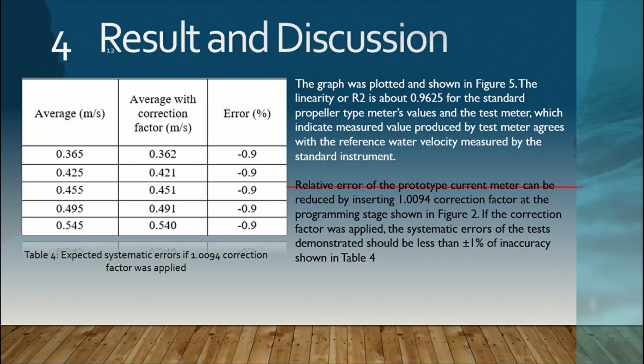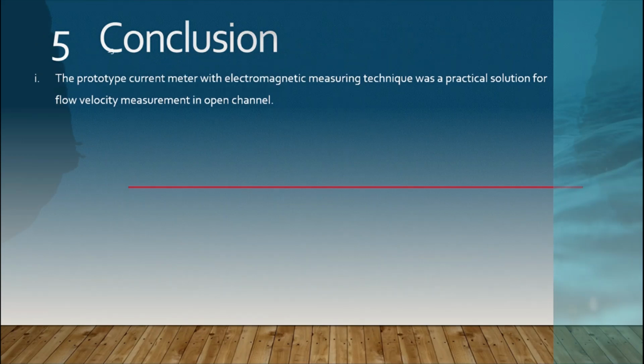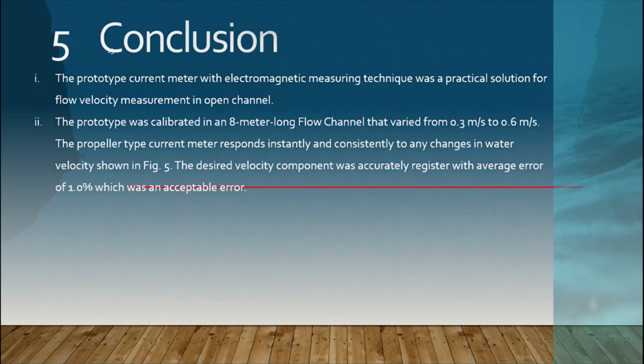If the correction factor is applied, the systematic error of the test should be less than 1% inaccuracy, shown in table 4. As a conclusion, the prototype current meter with electromagnetic measuring technique was a practical solution for flow velocity measurement in the open channel.